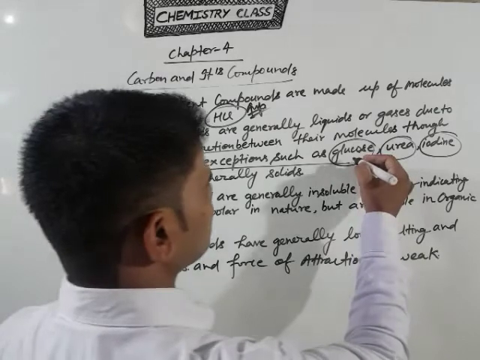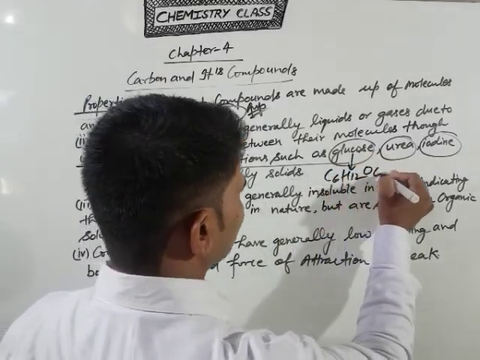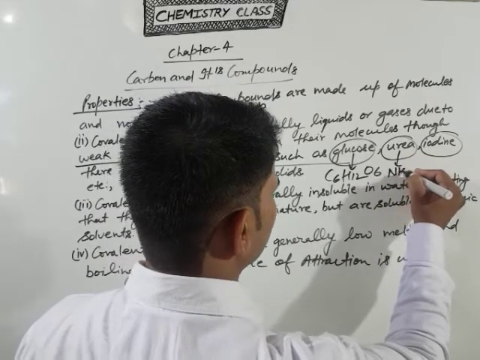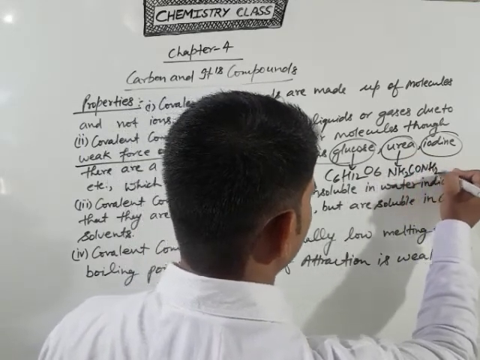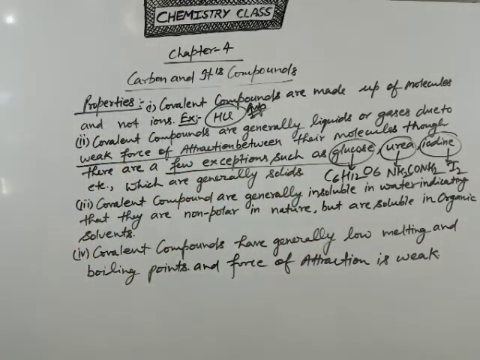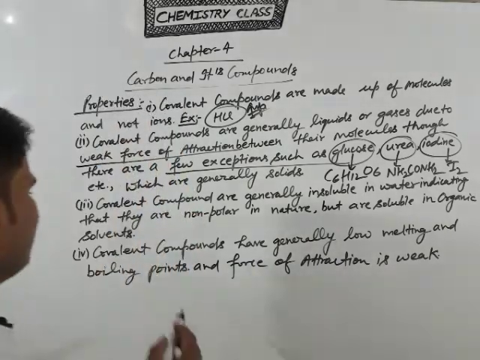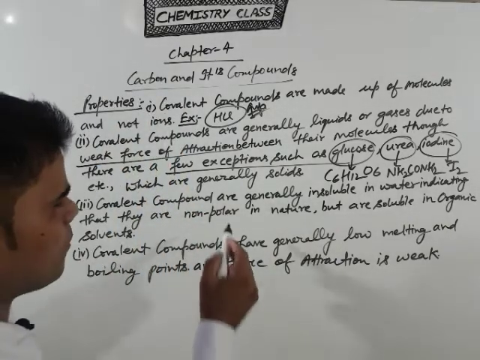So students, the glucose formula is C6H12O6 and the urea formula is NH2CONH2, and iodine is I2. Covalent compounds are generally insoluble in water, indicating that they are non-polar.